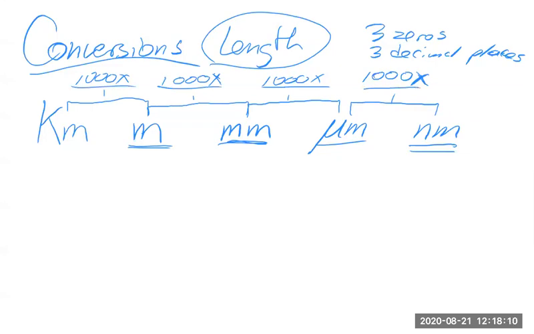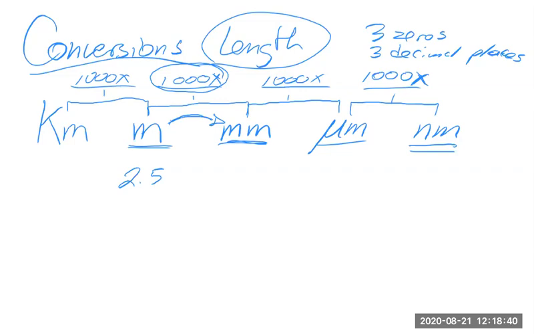Okay, so let's start out with something like 2.5 meters. And we want to convert that, let's say, to millimeters. So we want to go this direction in our scale. So what would I do here? Well, the difference between these 2 units is 1,000-fold, right? 3 zeros. And I'm moving to the right, so I'm just going to move my decimal to the right 3 places.